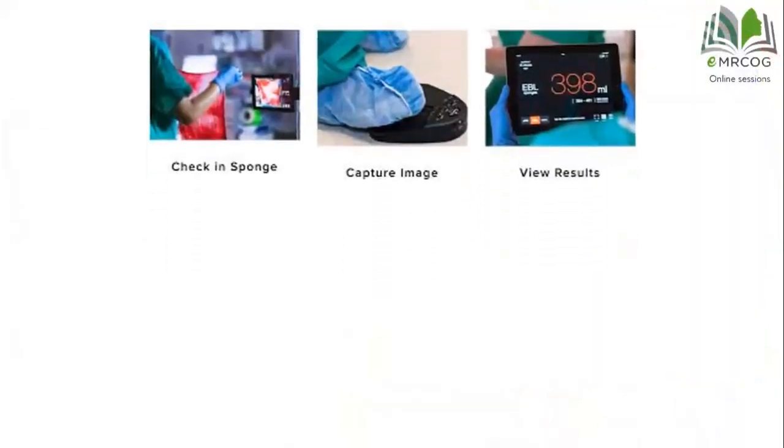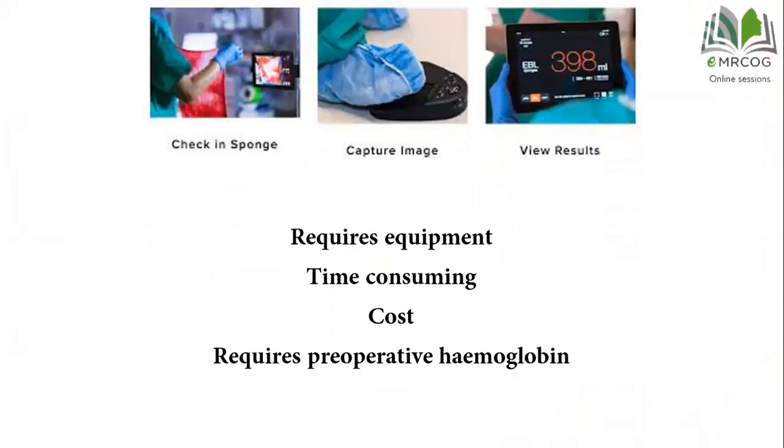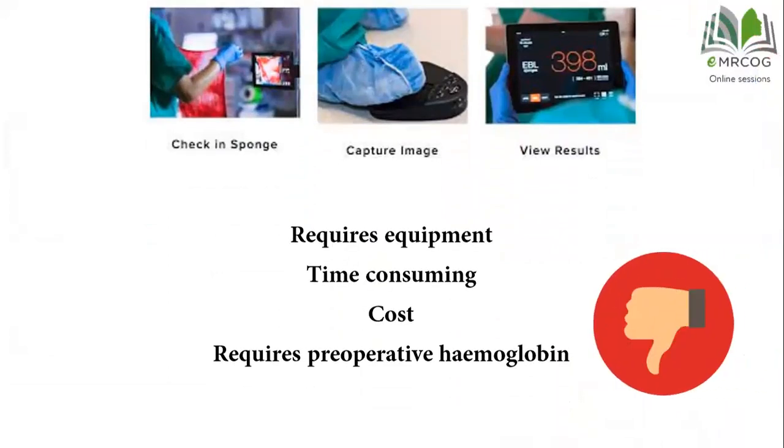However, it's costly, it's time consuming, it requires equipment, obviously, and again, it requires preoperative hemoglobin. I wish this could be the innovation that can be in each and every facility.